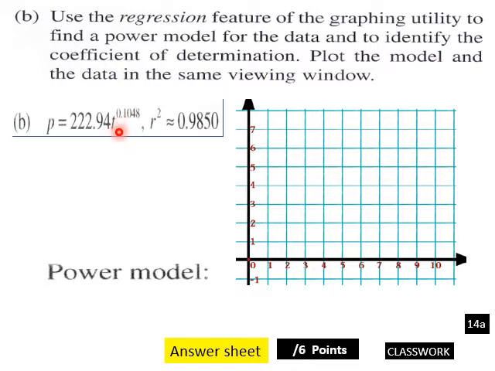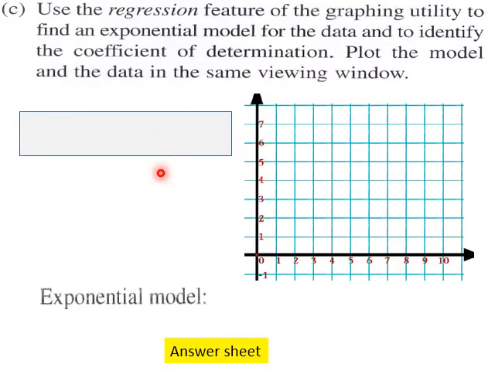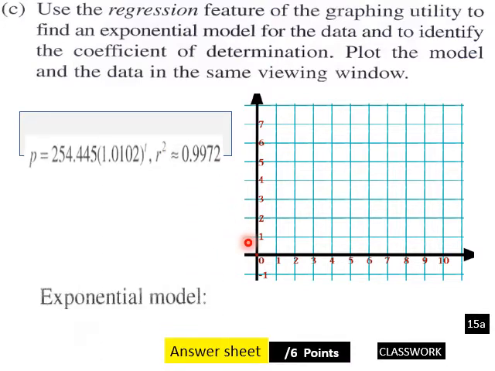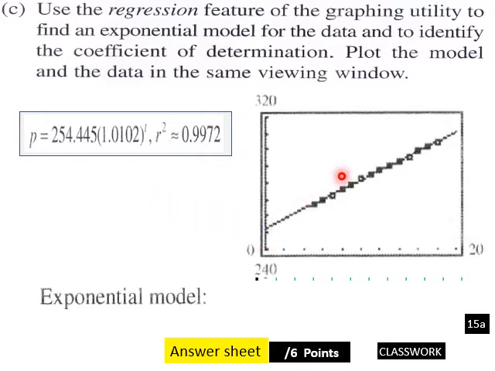And then here is your power model function, and then that would be your graph using your power model there. And then for your exponential model, again cranking that through, you have a coefficient of determination of 0.9972. That's pretty good as well. All these fit pretty well. And then that would be your graph there using your exponential model.